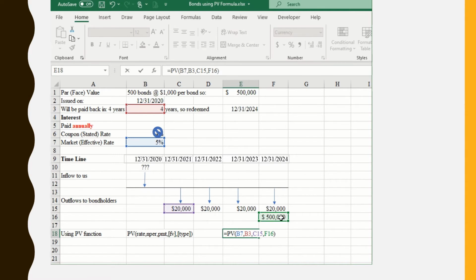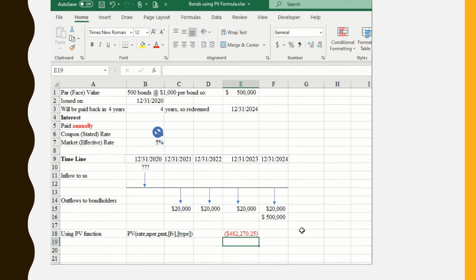So that's our formula. And what Excel does for you is it uses the present value of the annuity table for the $20,000 and the present value of $1 for the $500,000. So while you might have to use 2 tables, it'll do it in one formula. It knows which one's which.